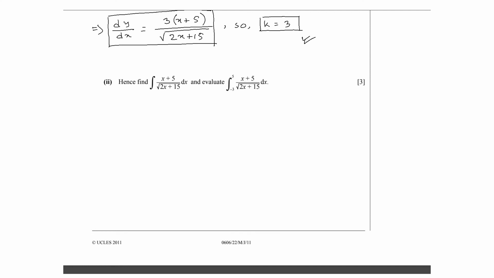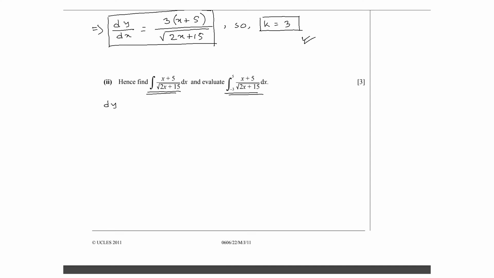In this second part, we have to find the integral of (x plus 5) over square root of 2x plus 15, and we have to use that integral to get the value from lower limit minus 3 to upper limit plus 5.